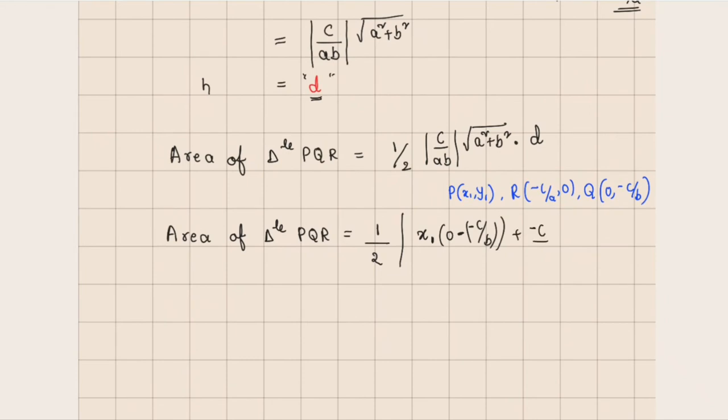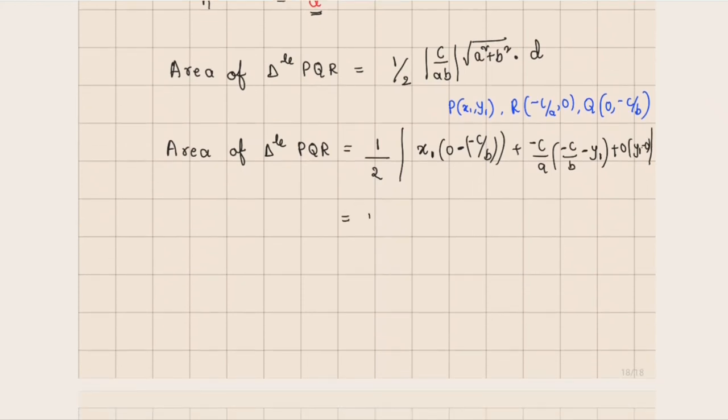Plus similarly for the other terms, minus c by a into minus c by b minus y1, plus 0 into y1 minus 0, modulus, which gives half into modulus of x1 into c by b plus y1 into c by a plus c square by ab.